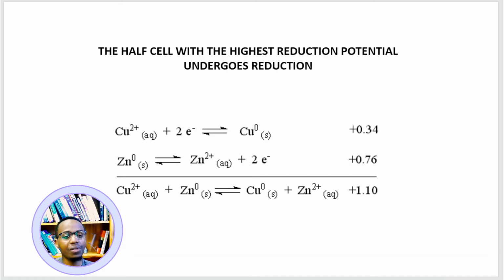But if we have a different concentration of copper and zinc, remember that zinc is oxidized, copper is reduced. So we're going to take the concentration of zinc and the concentration of copper into account because it's different from 1 molar. So if you had to do the Nernst equation for this, we already found the standard potential, which is 1.1.